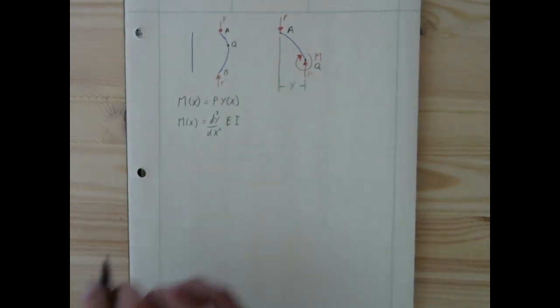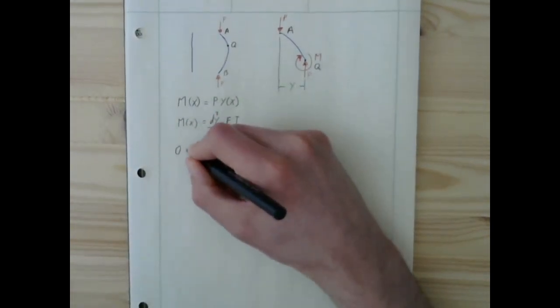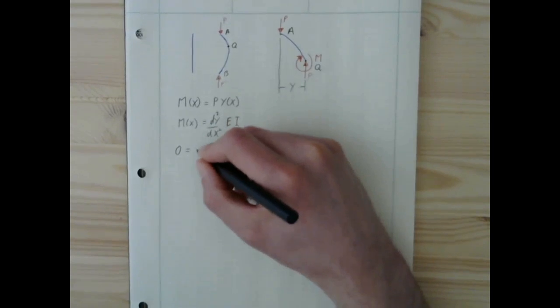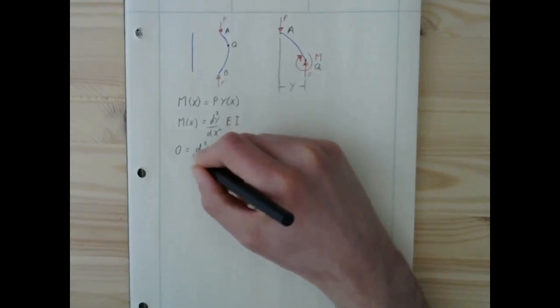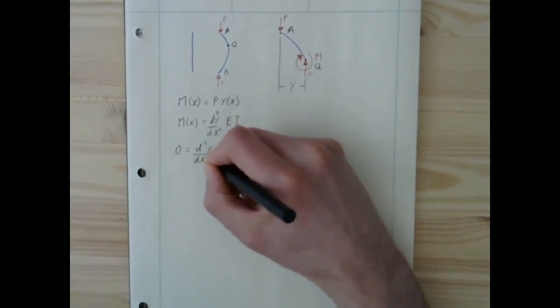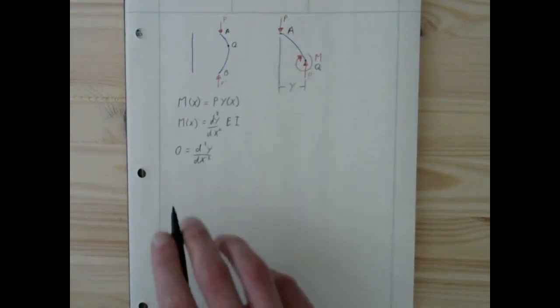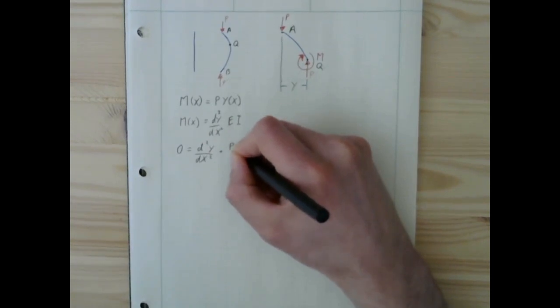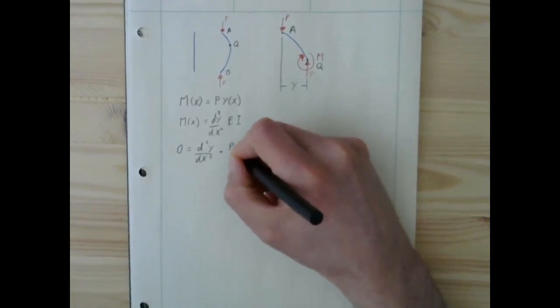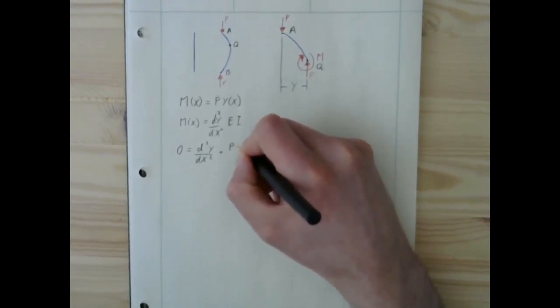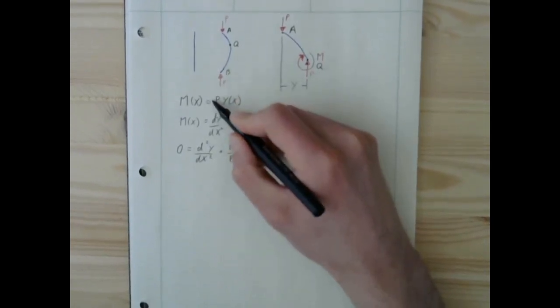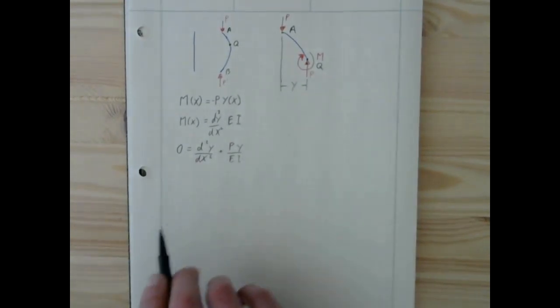So we can say that 0 is going to be equal to the second derivative of the deflection function plus P times y. We'll just divide that one by EI. That should be a negative sign right there.